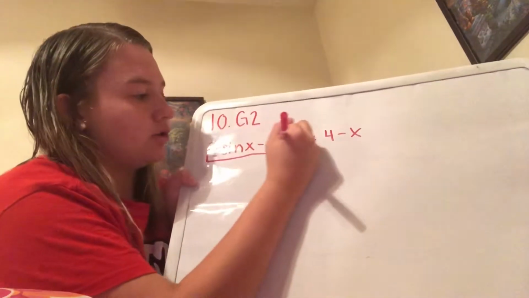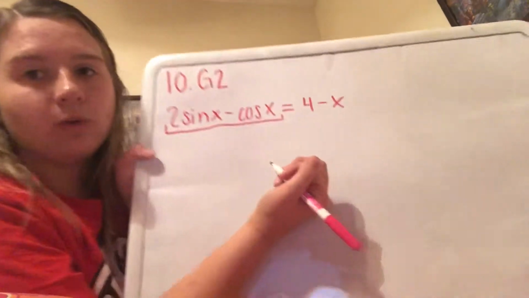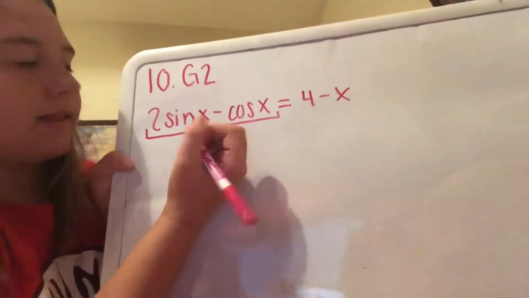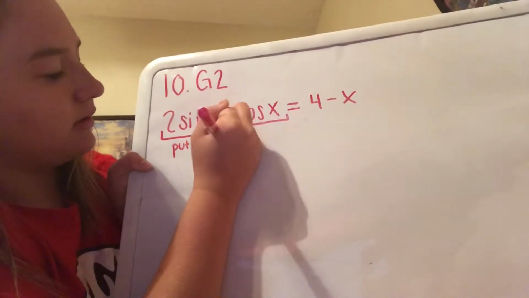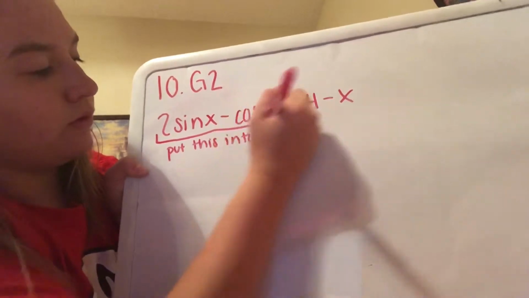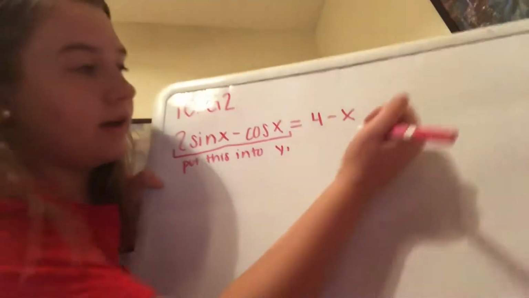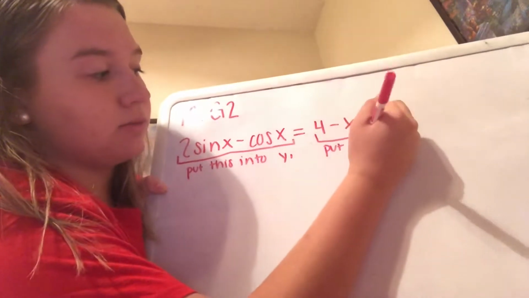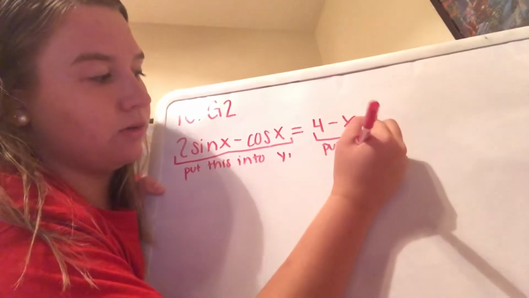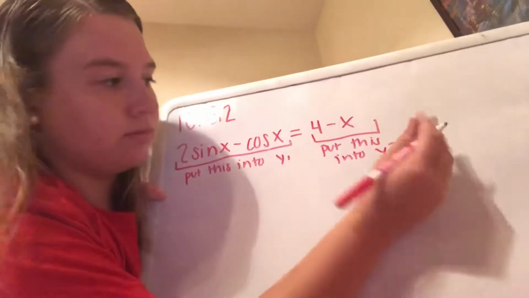You take the left side of the equation and put it into y1, and the right side of the equation into y2.